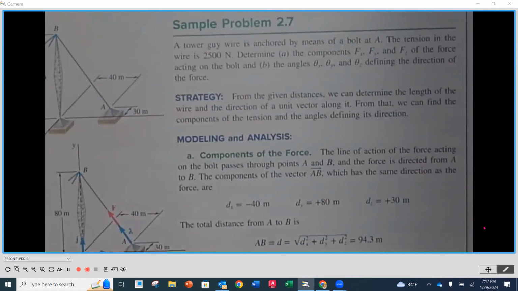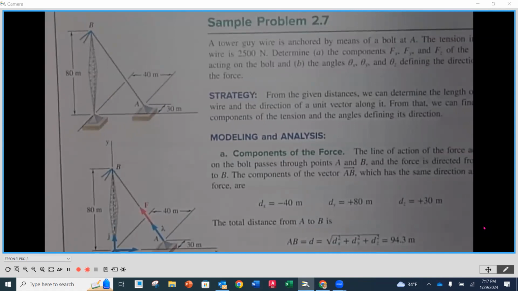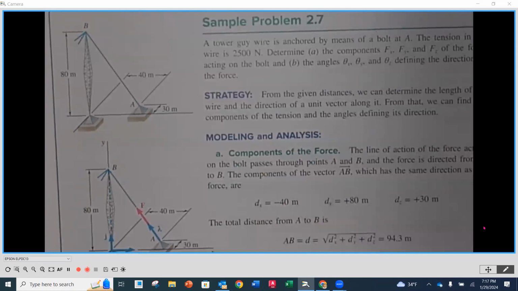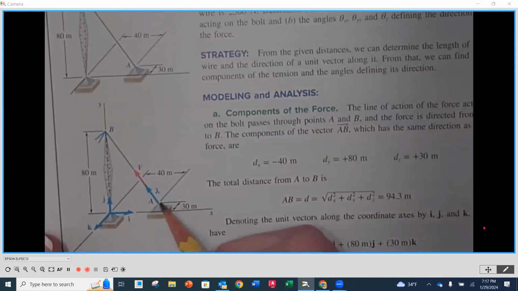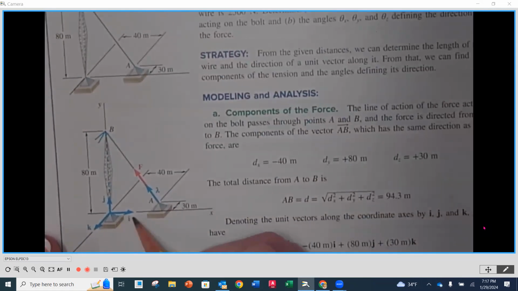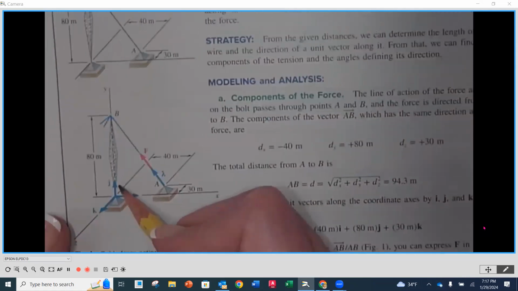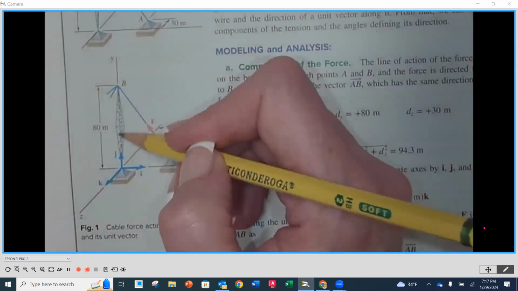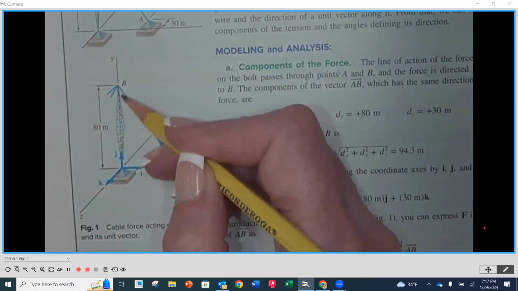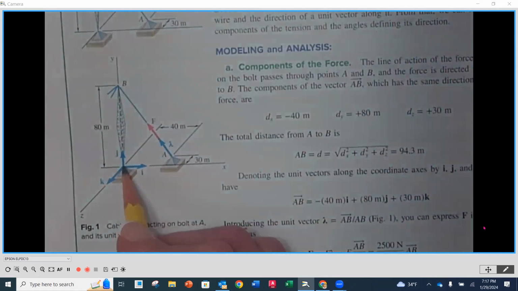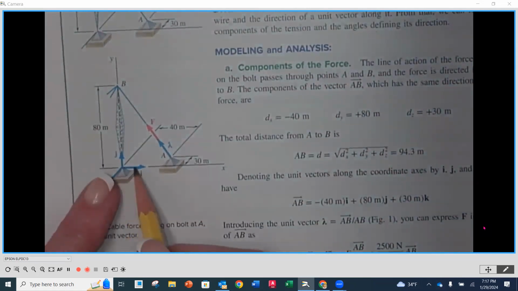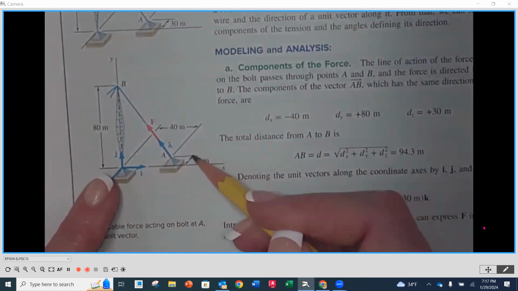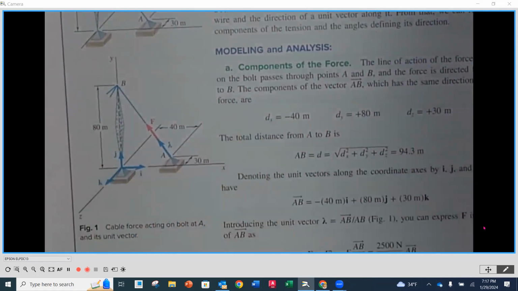Now, as we look here, it might not look that difficult, but there is a distance back where A is from what would be the standard X, Y, Z axes. Down the tower is where our 0, 0, 0 is right here. And you'll notice if we bring our X axis out, our A is 30 meters in back of it. Do you see that? It's not along the X axis.